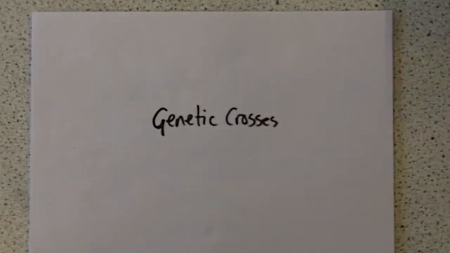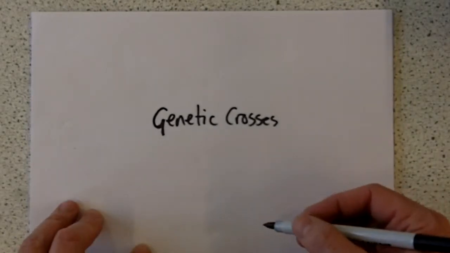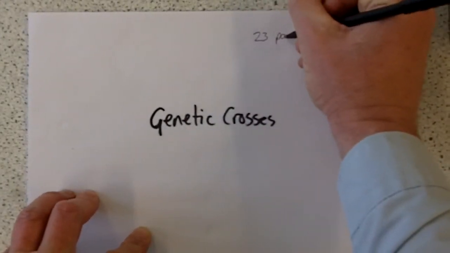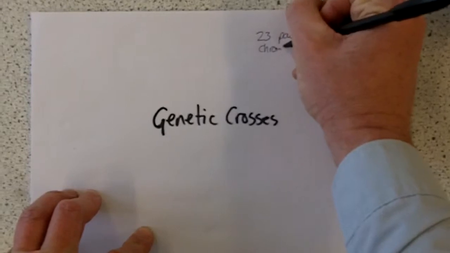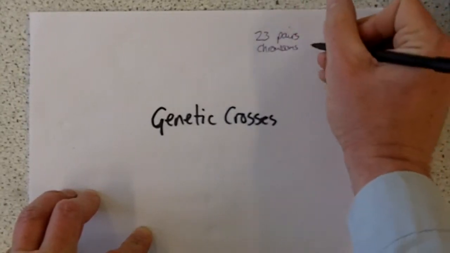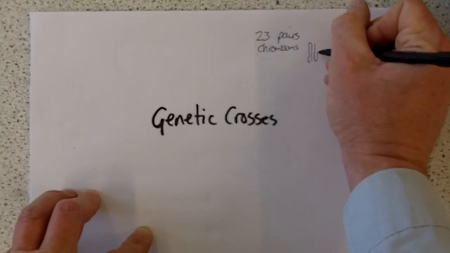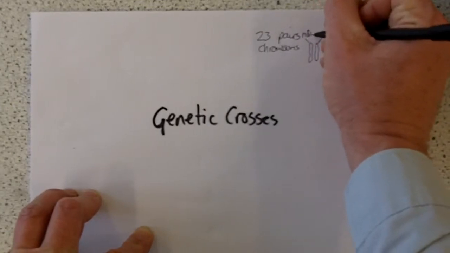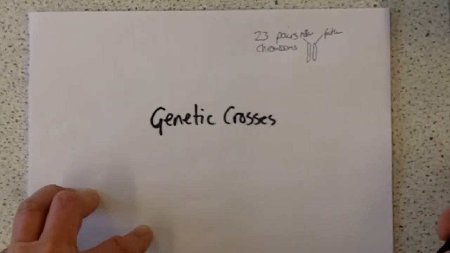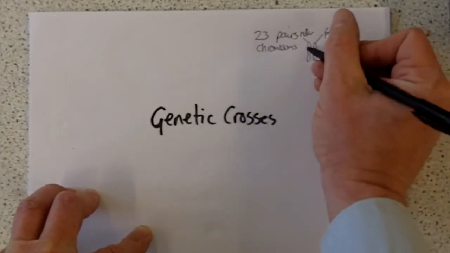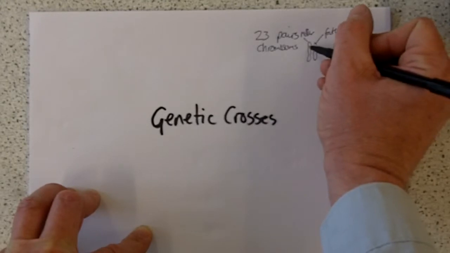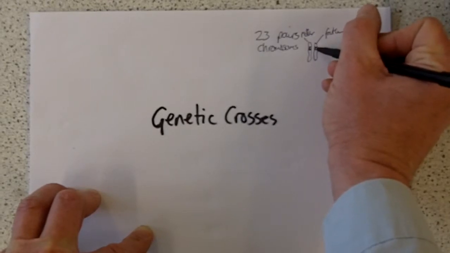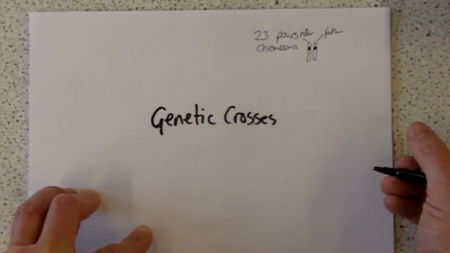So, as we know already, you have 23 pairs of chromosomes making a total of 46 chromosomes: one chromosome from your father and one from your mother in each pair. On a pair of chromosomes, there will be a specific area dedicated to a particular feature, or there might be a number of areas dedicated to a particular feature.